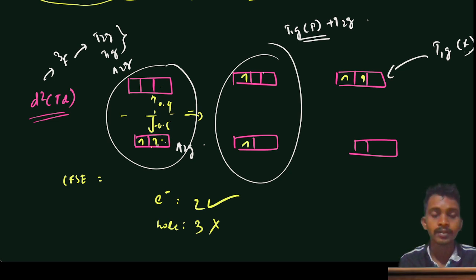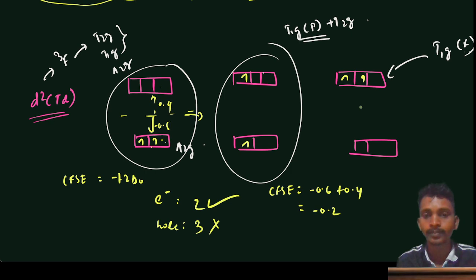So this 6 is equal to minus 1.2 delta knot, and here the CFSE will be 0.6 minus 0.6 plus 0.4, which is going to be minus 0.2, and here 0.8 delta.